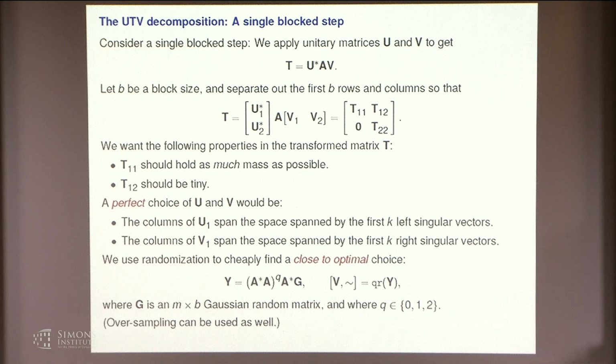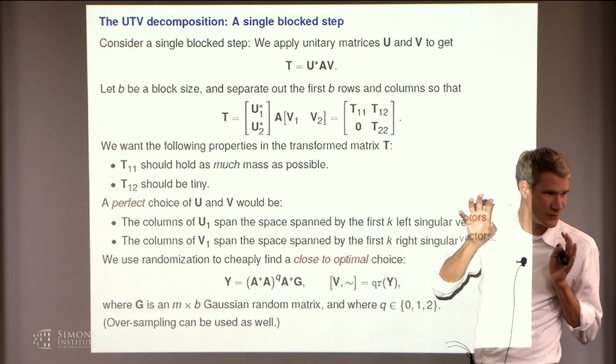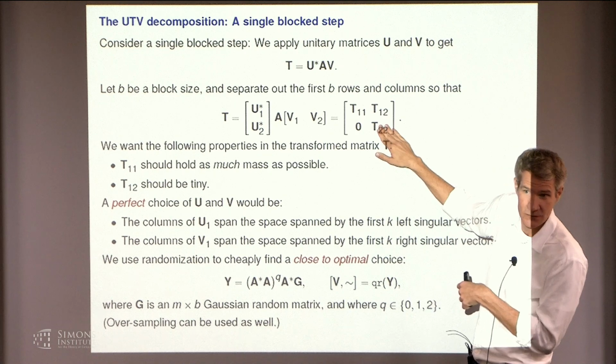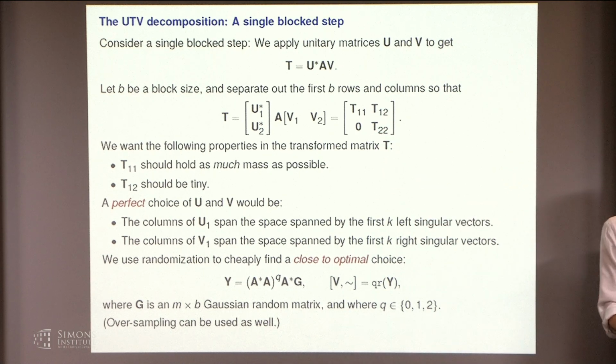What I want to do here is find U and V that squeeze as much mass as possible into T11. And whatever I couldn't get into T11, I want that to be located in T22. So T12 should ideally be 0. That would be very computationally expensive, so as long as it's small in magnitude, I'm fine with that.